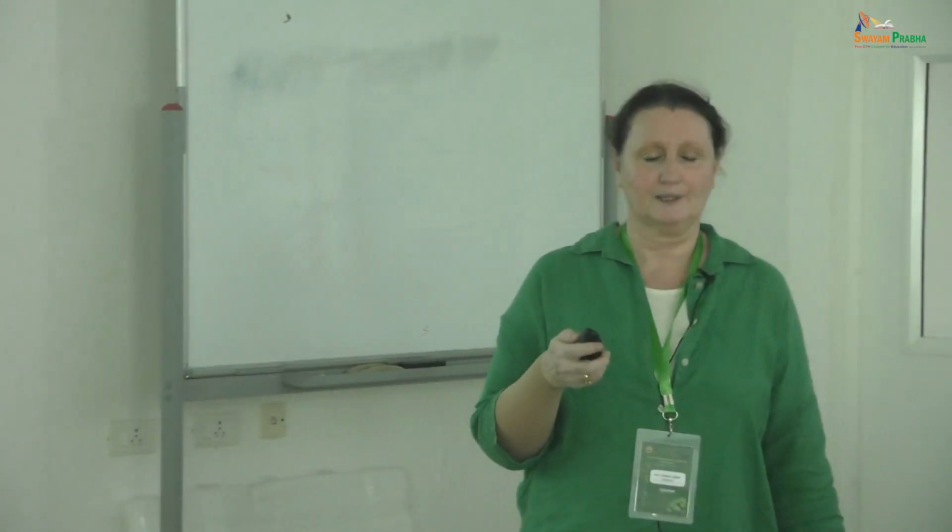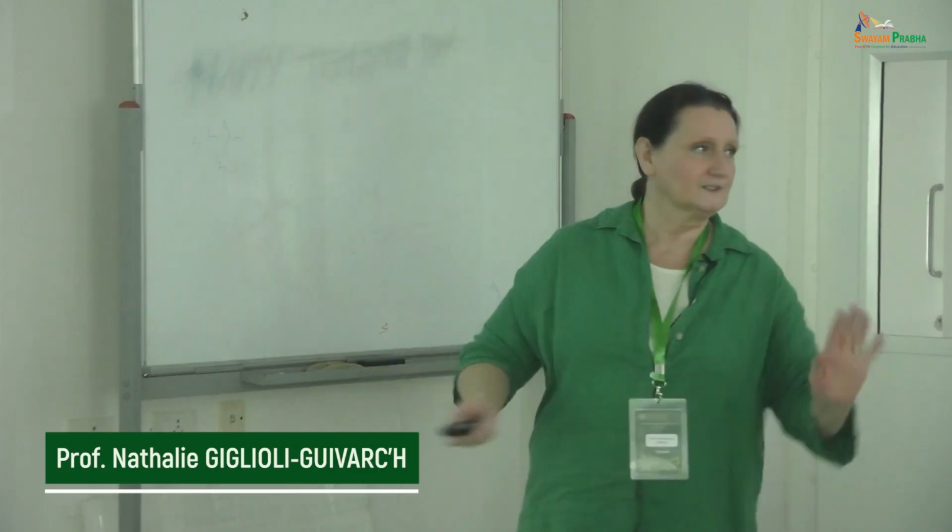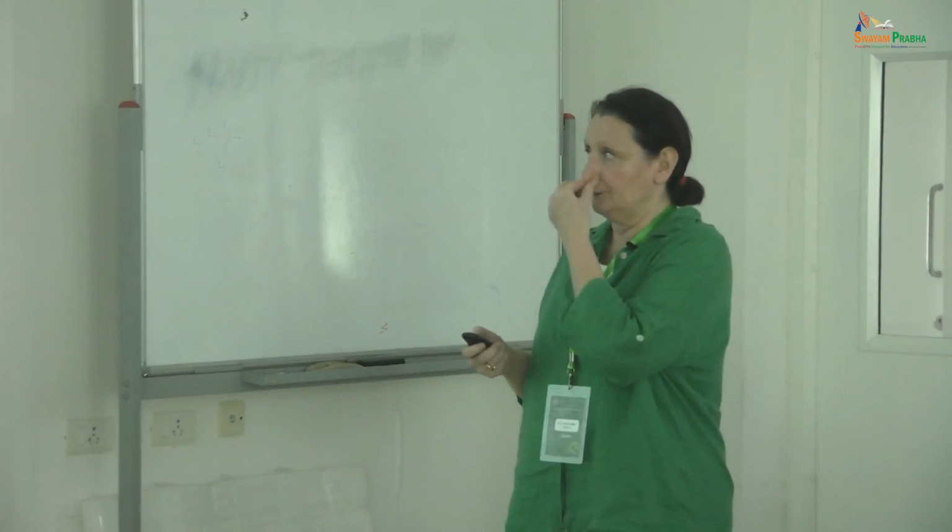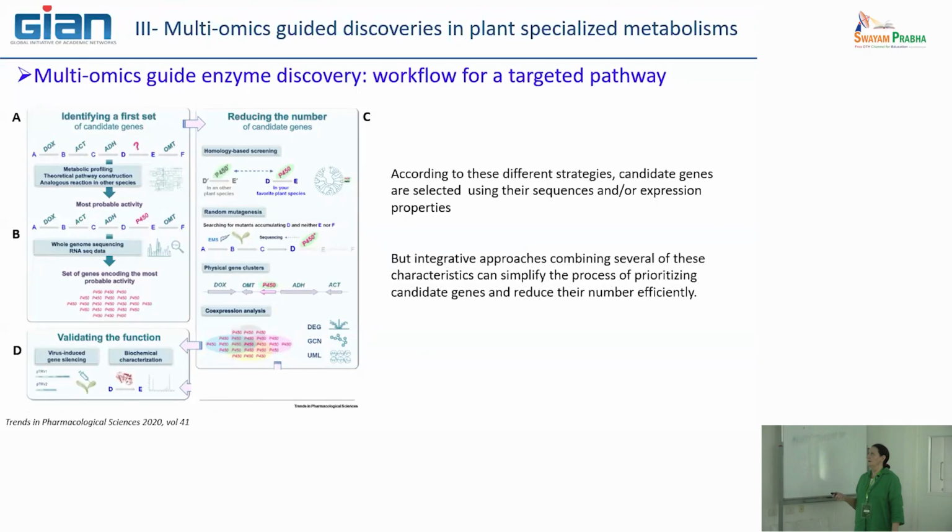Just to finalize what I have explained to you, you have seen that according to these different strategies, we can select a specific candidate gene, and we can use their sequence to express, for example, the equivalent proteins.